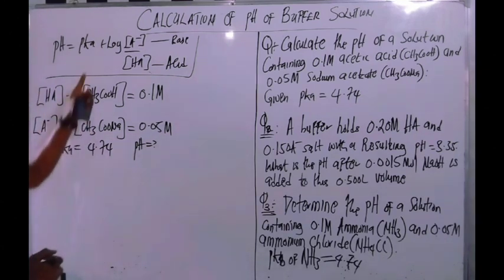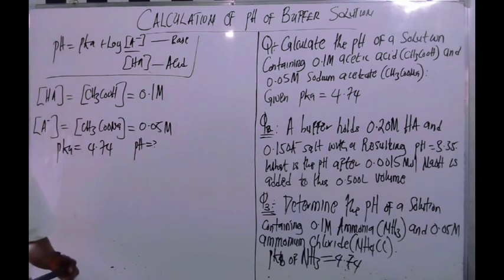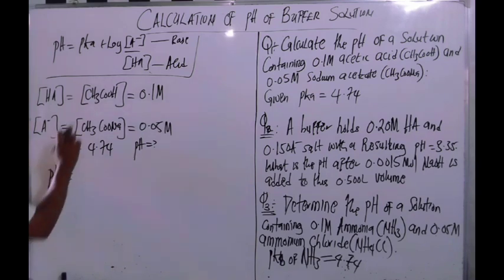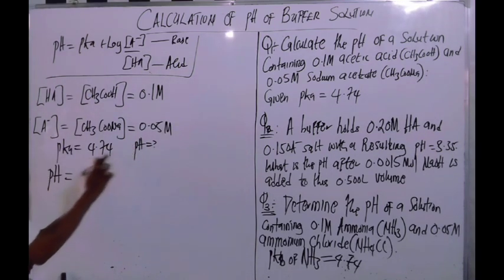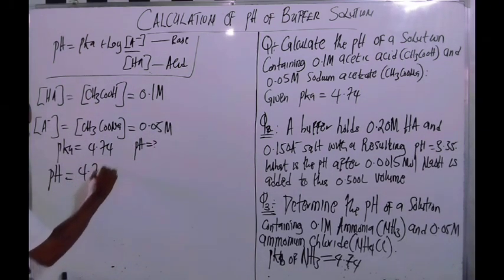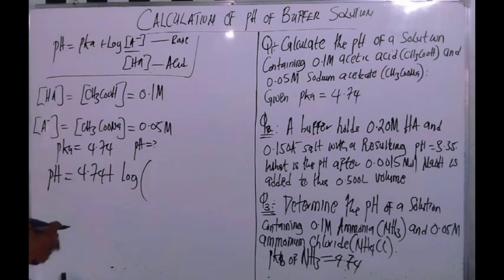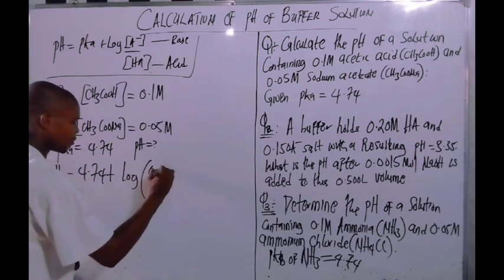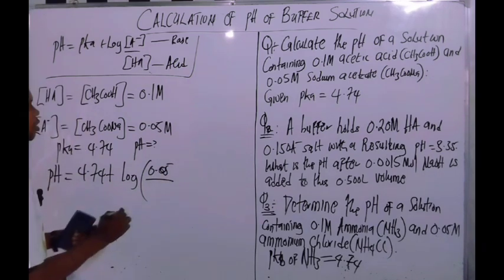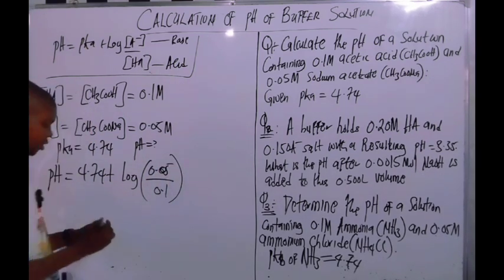So once you have something like this, you just have to apply the formula straight and get your answer. pH equals my pKa, which is 4.74, plus log my A minus, which is 0.05, over 0.1.